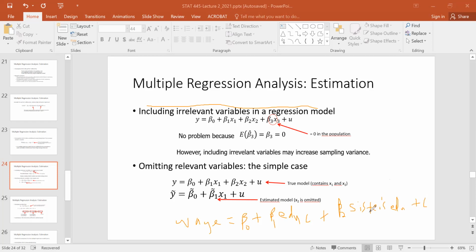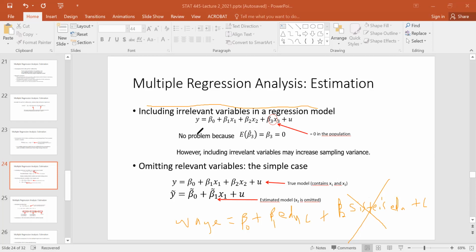Such a variable is irrelevant. My sister's education doesn't determine my wage or salary. So this is an example of an irrelevant variable and should have no place here. Now we are going to learn the consequences. What happens if you keep throwing in irrelevant variables?